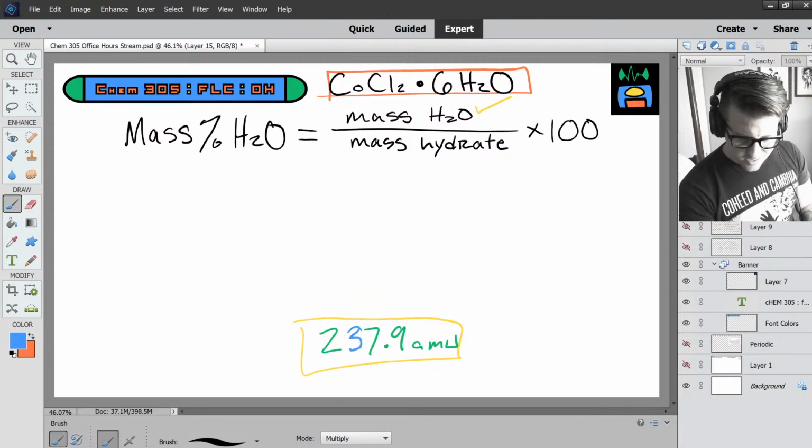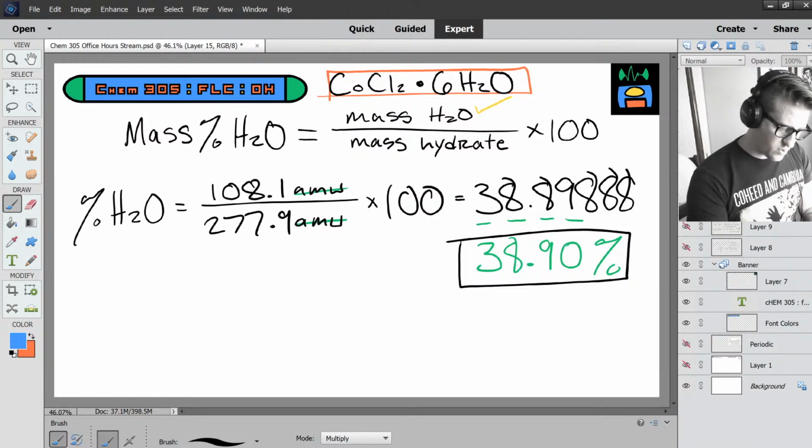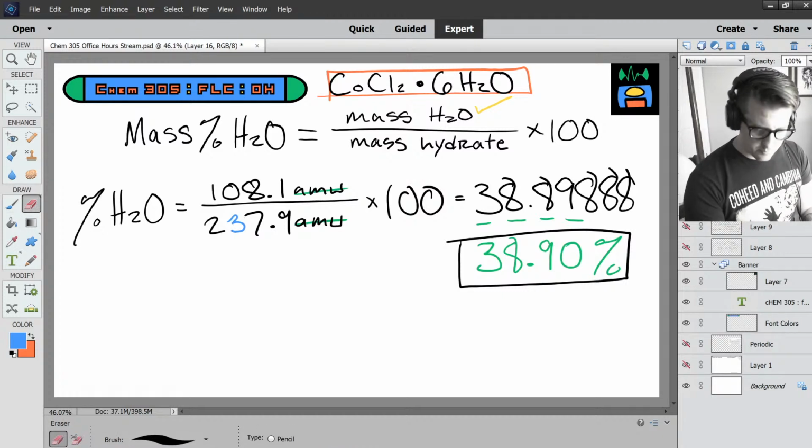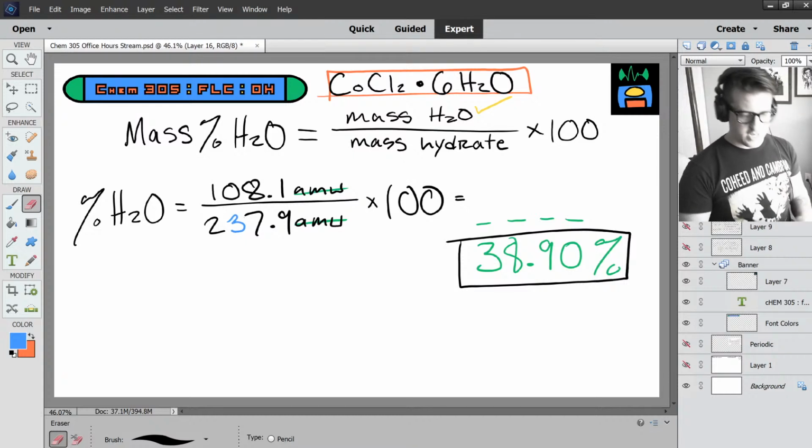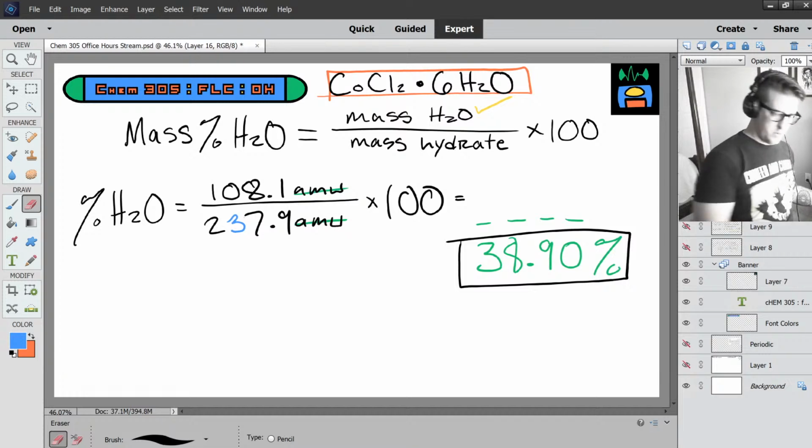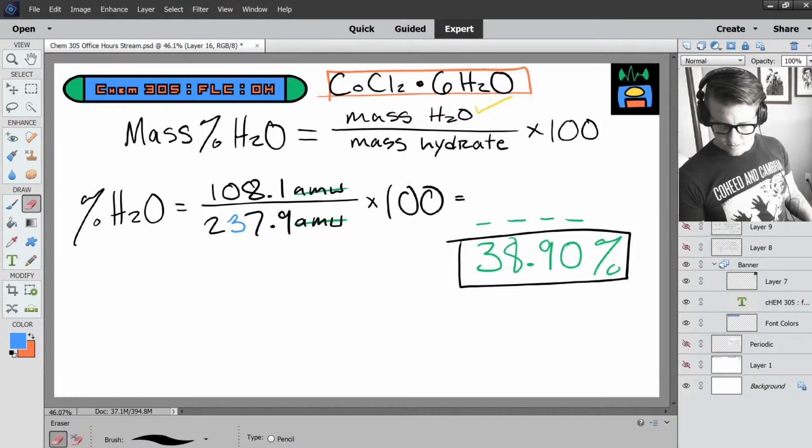And then that has dramatic effects over here. If this is 237, then I'm just going to get a completely different number, still with 4 sig figs, though. Okay, let's crunch this one more time. 108.1 divided by 237.9 times 100.